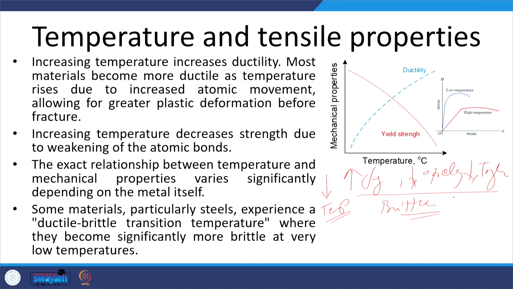But as far as cold metal forming and hot metal forming are concerned, for hot metal forming we have to heat the metal, so the temperature is enhanced, which in turn increases the ductility and reduces the strength to facilitate the plastic deformation.